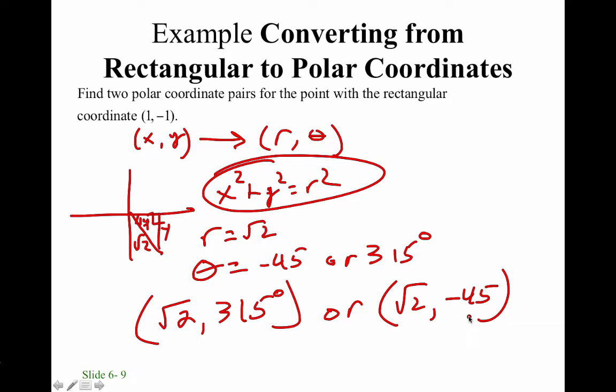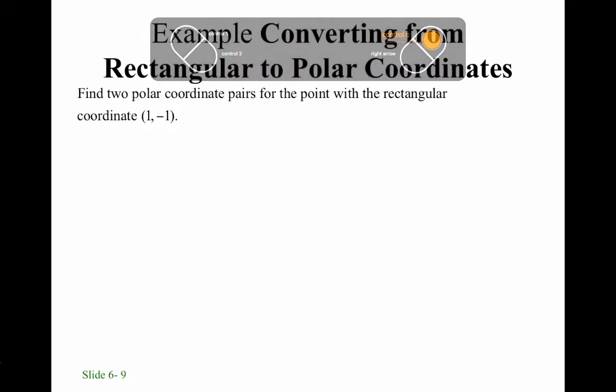So basically, going from xy to r theta, you're just going to draw a picture. If it's not a nice angle, like this was a 1, 1, square root 2, if it's not a 30, 60, 90 or 45, 45, 90, you can use your calculator and the inverse key.